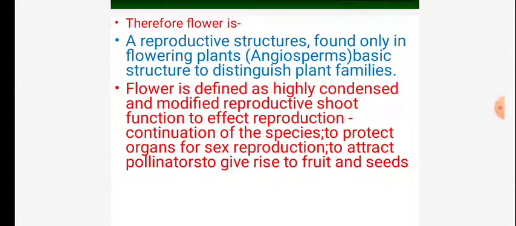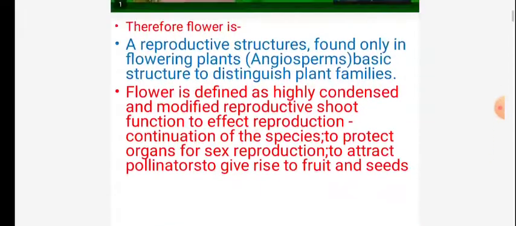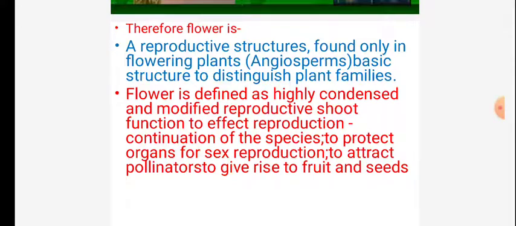So the flower is defined as a highly condensed and modified reproductive shoot whose function is to effect reproduction and continuation of the species, to protect the organs for sexual reproduction, to attract the pollinators, and to give rise to fruits and the seeds. So this is the simple definition: it is the condensed and modified reproductive shoot.